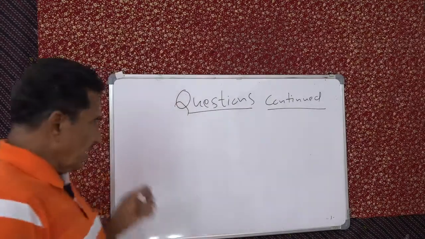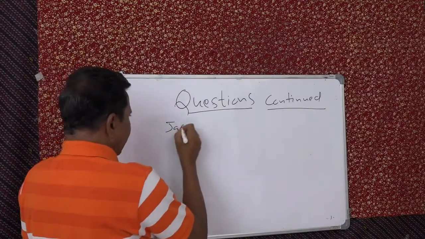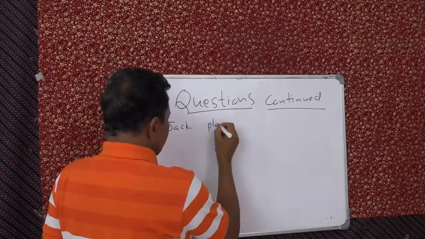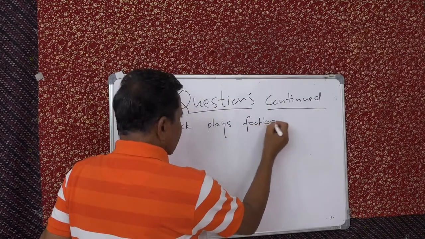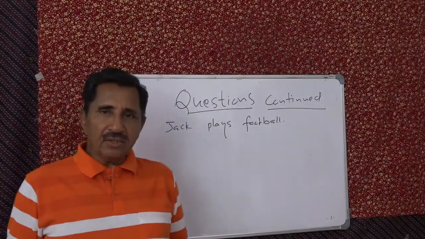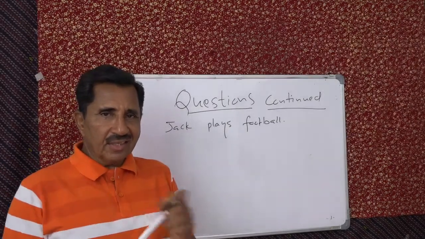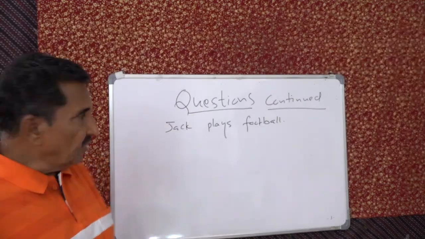You see, if you get a statement like this, Jack plays football. Suppose you get a statement like this, you can make a yes or no question just by reversing the order of the subject and the verb.